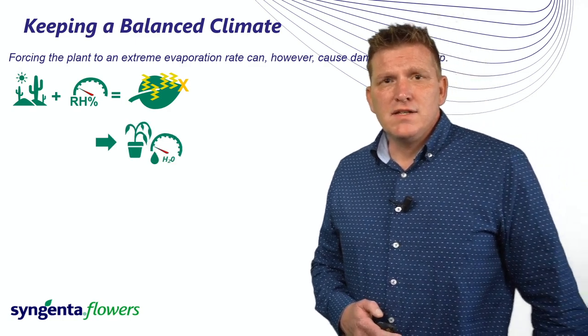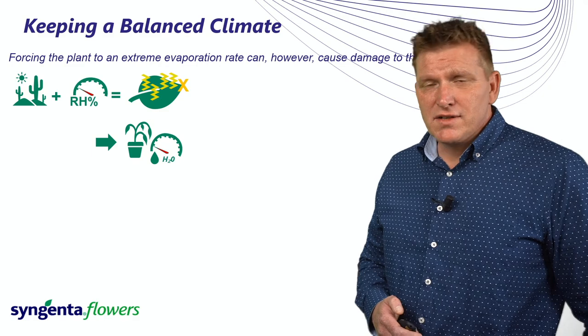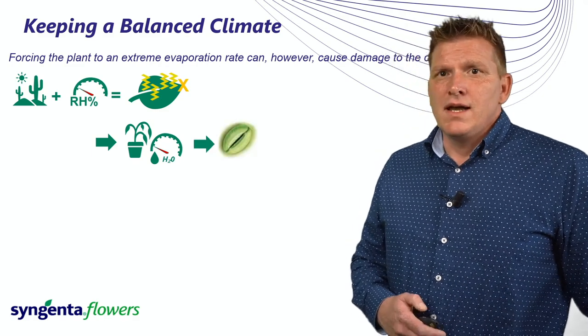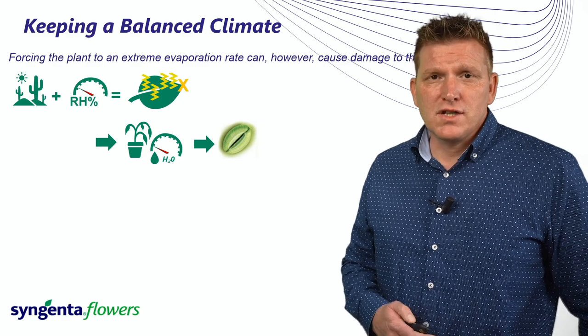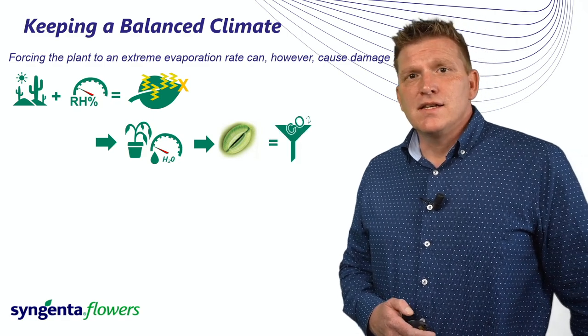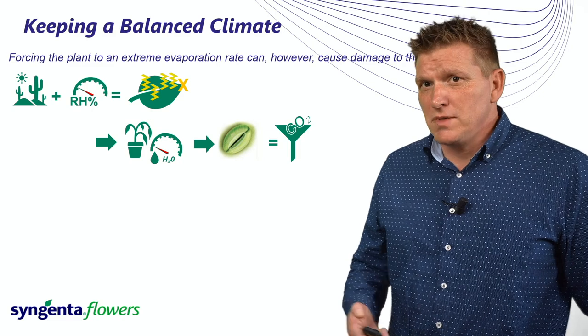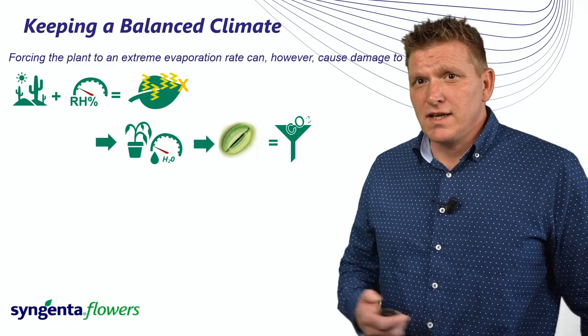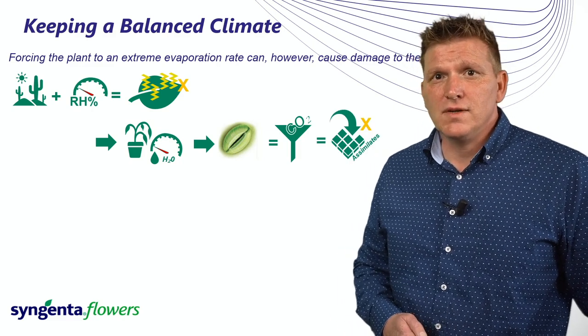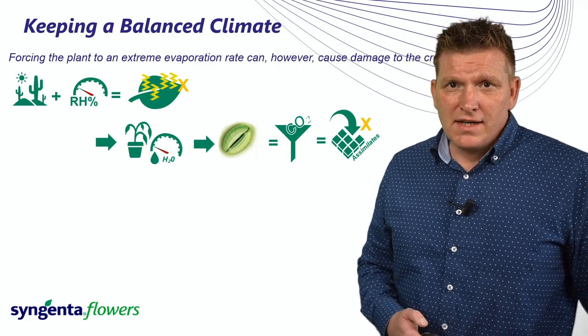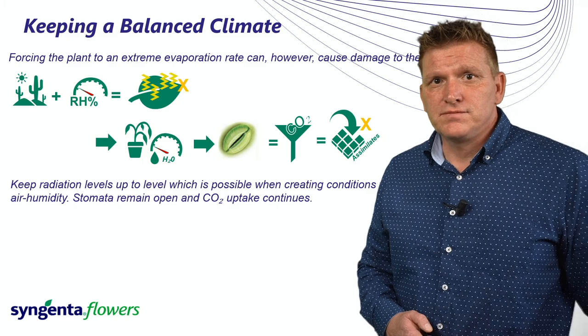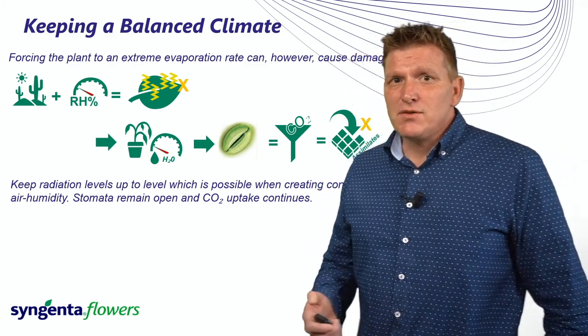And that means your plants will dehydrate and start to wilt. And as a response to that, the plant will start closing the stomata. The CO2 uptake will be less because the plant takes up CO2 through the stomata, and less assimilates are made through photosynthesis.